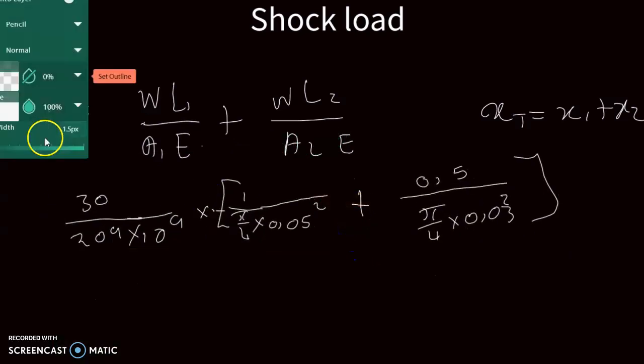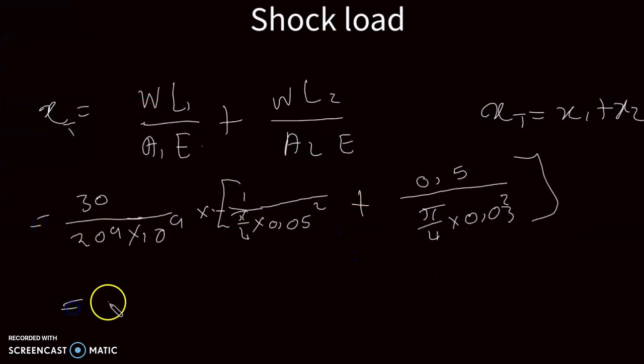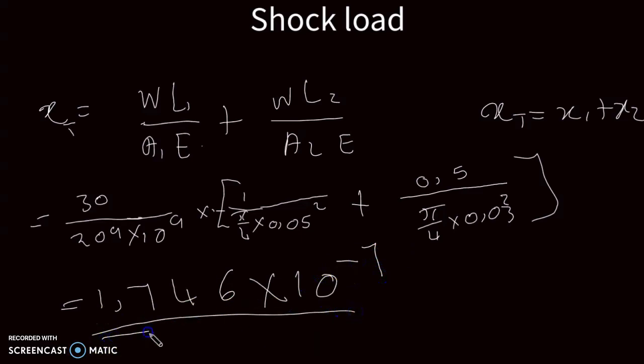This will give us an answer of 1.746 times 10 to the power negative 7, which is our final extension, the extension after the impact due to the gradually applied load. And that's how we go about answering this question. See you on the next one.